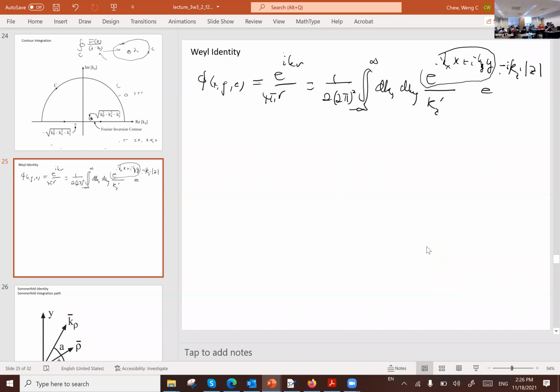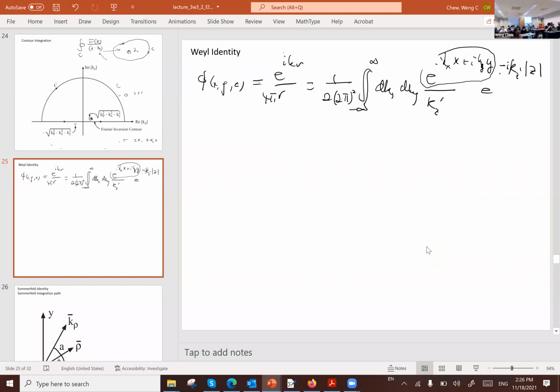What do you see in your mind when you look at that expression? It's just the same as a plane wave, and you're doing integration over all kx and ky values. So you are actually summing over all possible plane waves, different wave numbers propagating in the x and y direction. Can you see that?